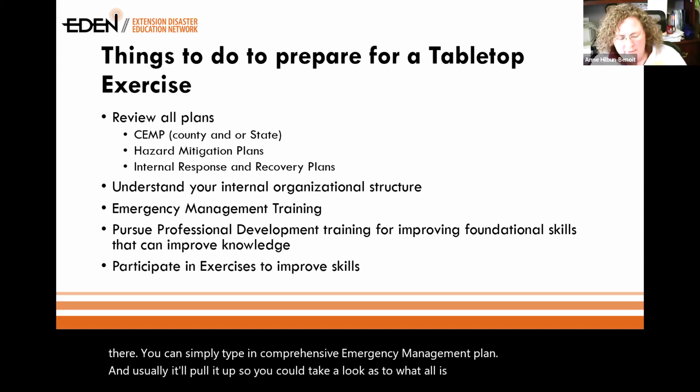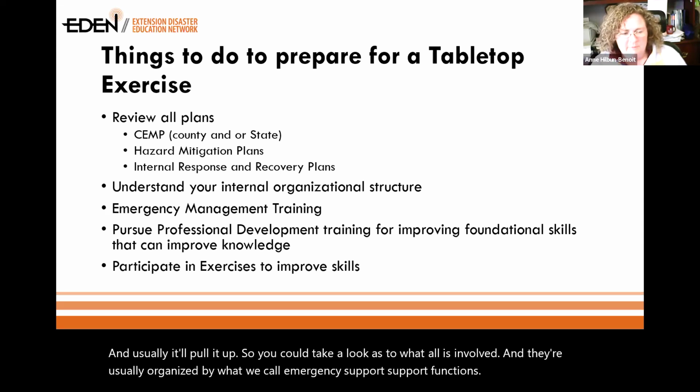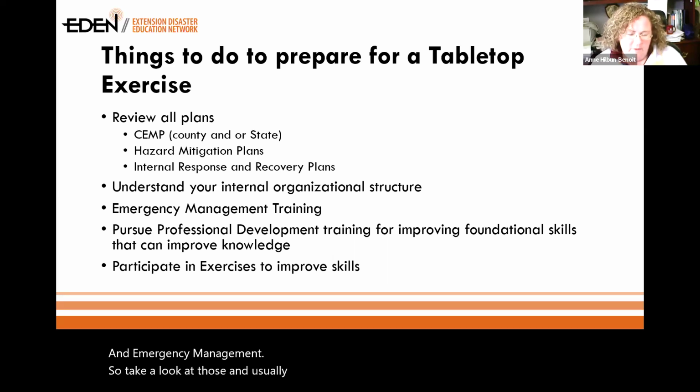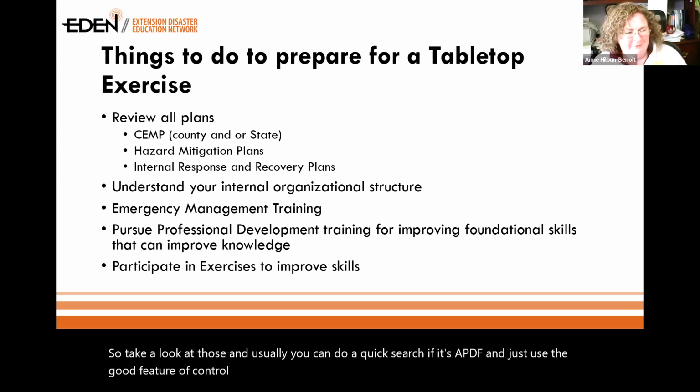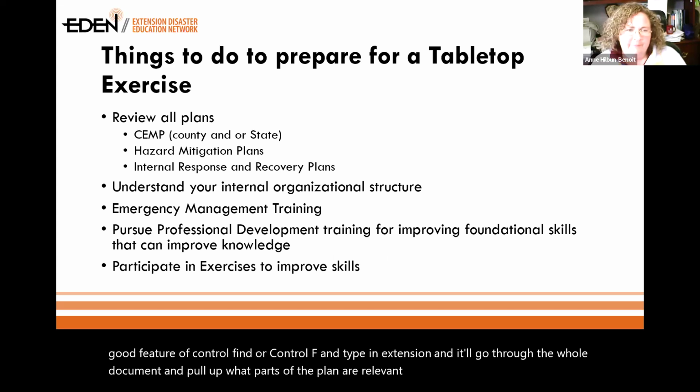They're usually organized by what we call emergency support functions in emergency management. So take a look at those, and usually you can do a quick search if it's a PDF and just use the good feature of Control F and type in extension, and it'll go through the whole document and pull up what parts of the plan are relevant to extension.